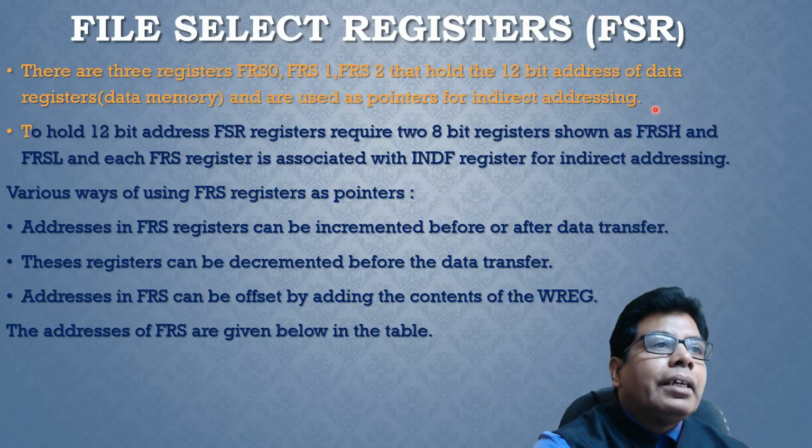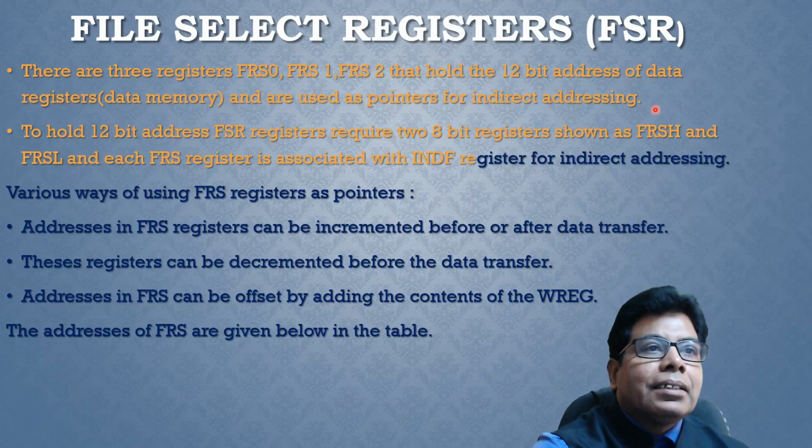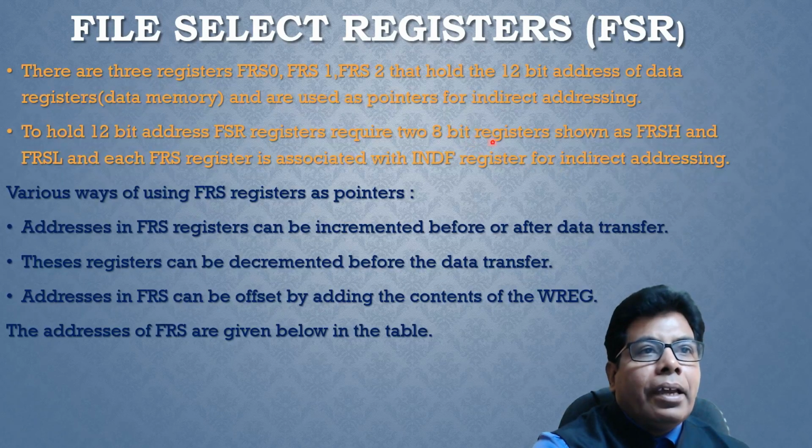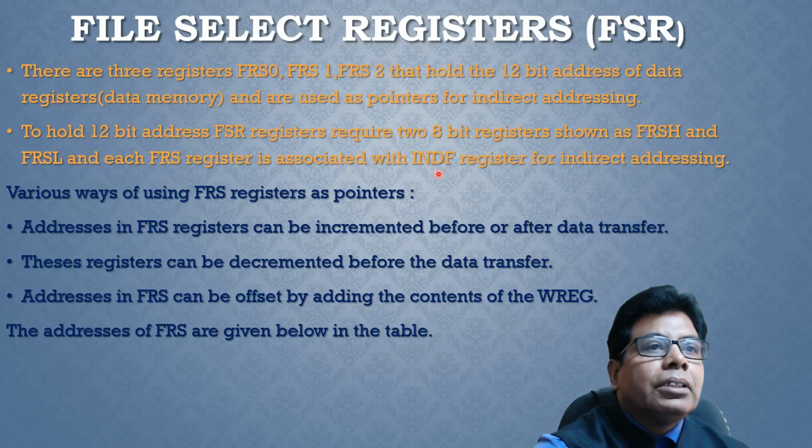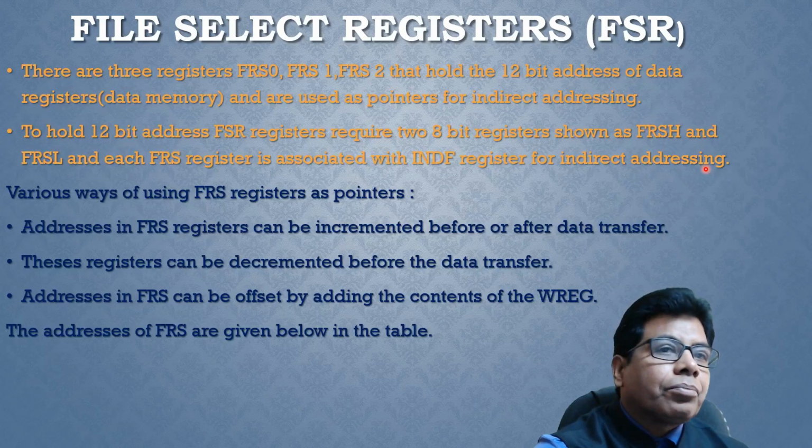Now to hold the address, FSR registers require 2 8-bit registers shown as FSRH and FSRL, and each FSR register is associated with an INDF register for indirect addressing. We will see the details.